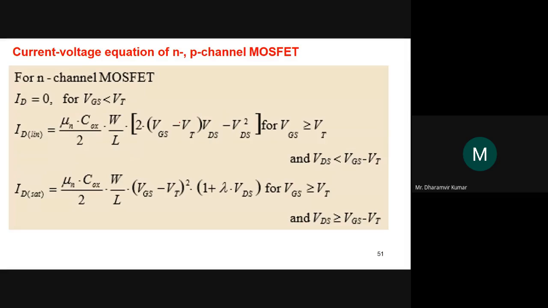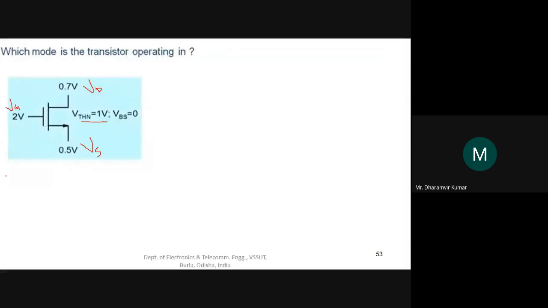First of all, we should check whether this device is on or off. For deciding the device is either on or off, we should check for this condition: VGS is smaller than VT or not. Here, what is VGS? VGS is VG minus VS, that is 2 minus 0.5, that is equal to 1.5 volt.